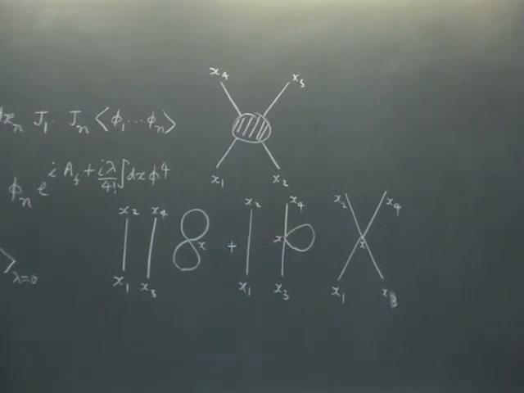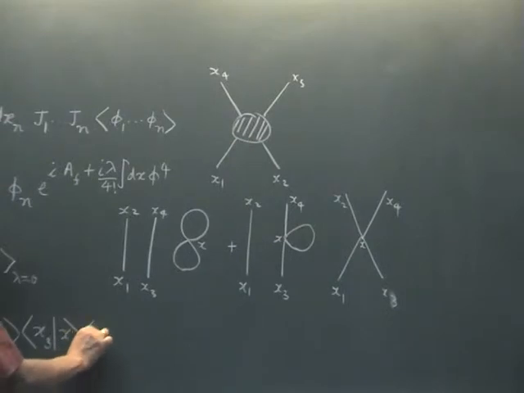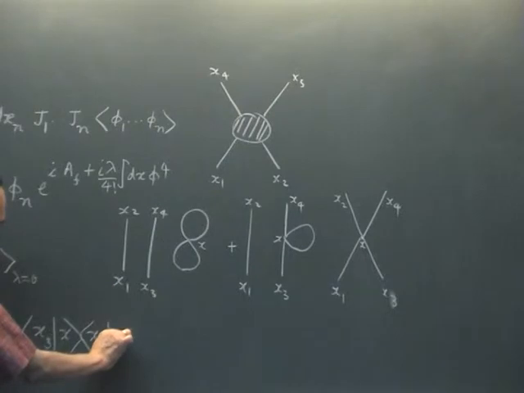Phi 1 is paired with phi x, so that is x1 x, similarly x2 x, x3 x, x4 x. And where they meet to interact is left to you, and you can integrate over d4x.